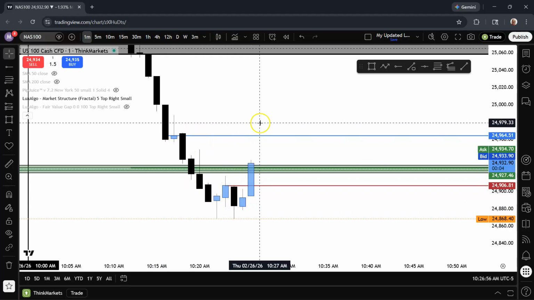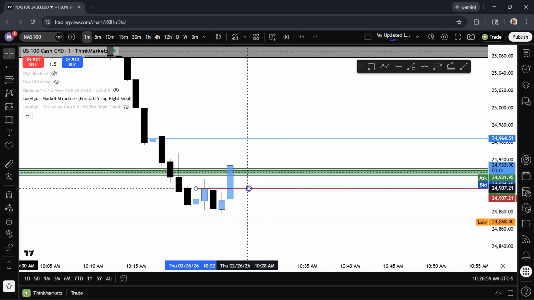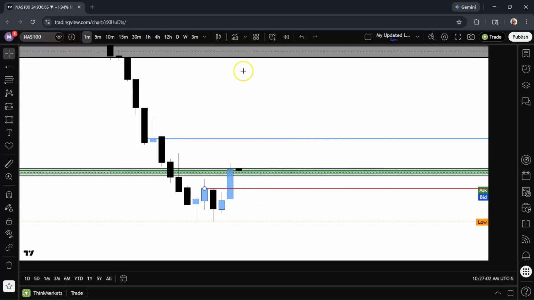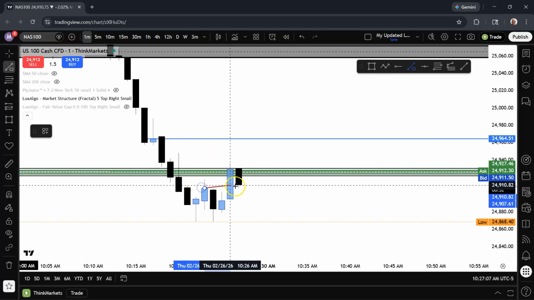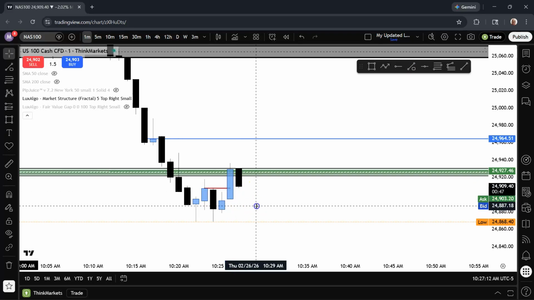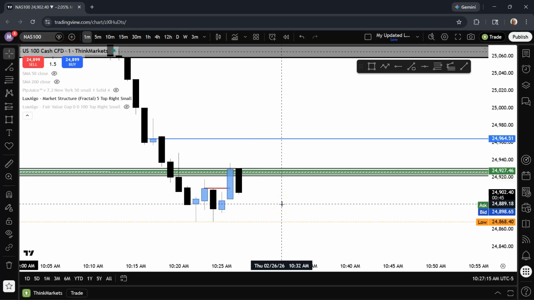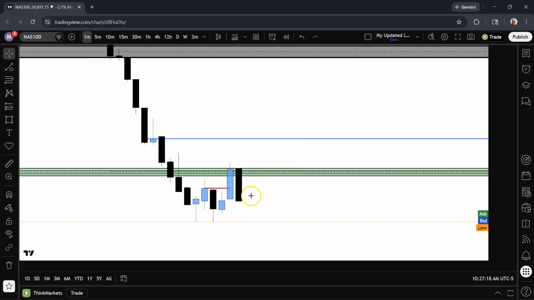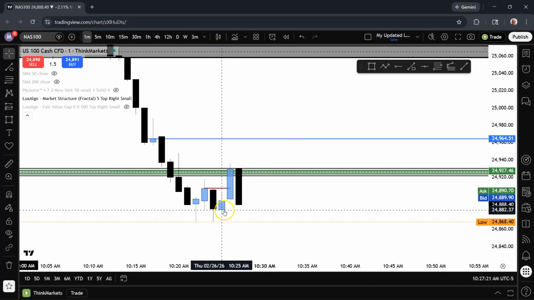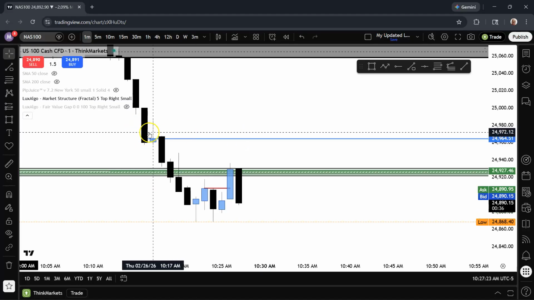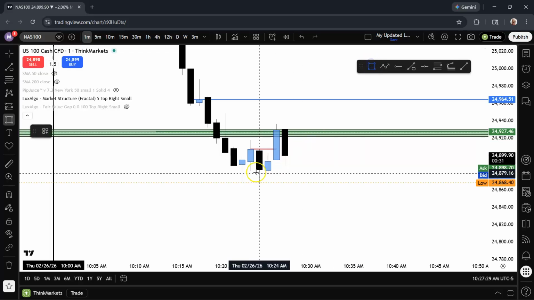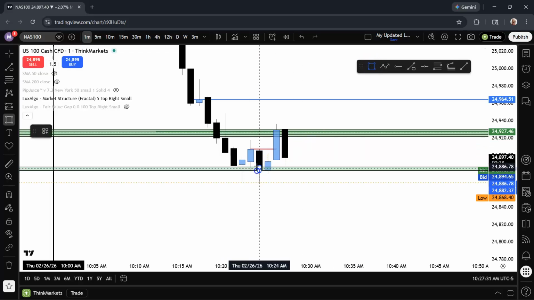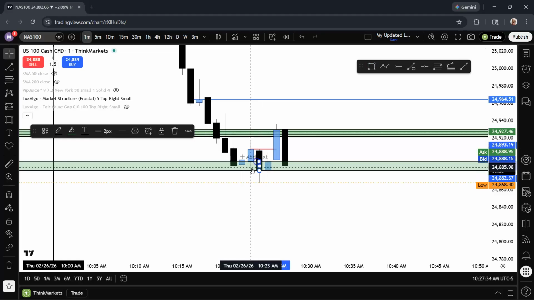So if it breaks above this one, okay, that candle's bigger than all the other candles right now. It's a bullish engulfing candle. But again, it still didn't break above here. But this area now is considered a demand zone.